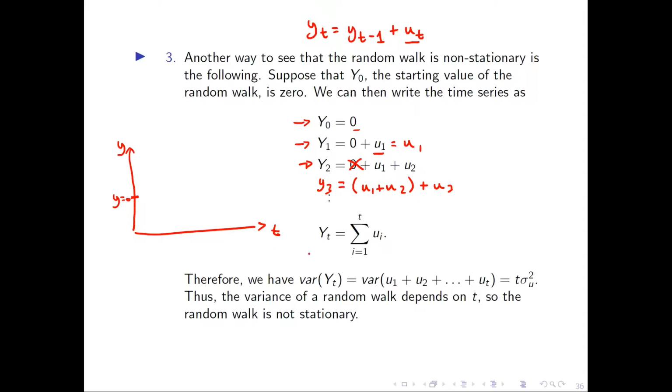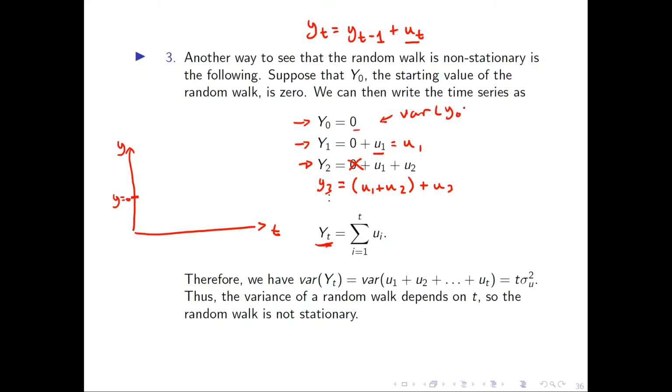So the value at yt is just the sum of all the error terms from t equals 1 to small t.